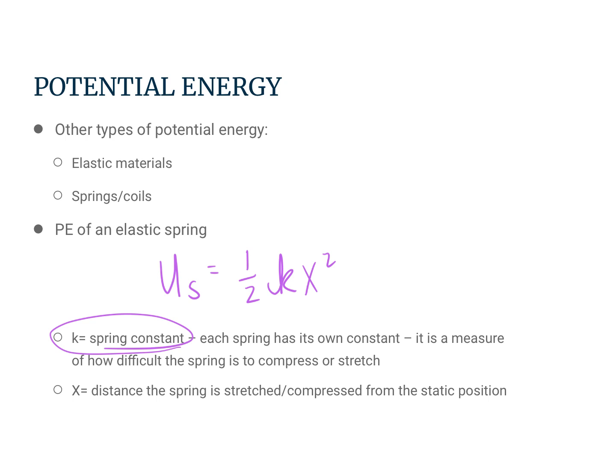The unit for a spring constant is newtons divided by meters. The way that comes about is through this equation, which we haven't talked a lot about. We'll get there later, but force is equal to the spring constant times x. So this is how we find that spring constant.